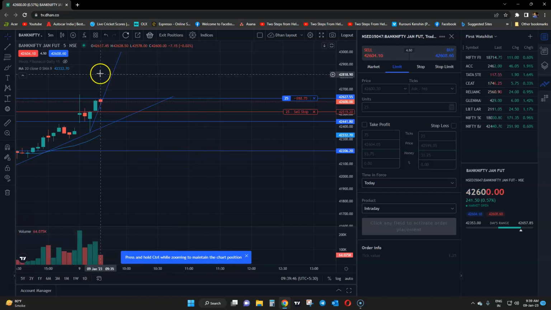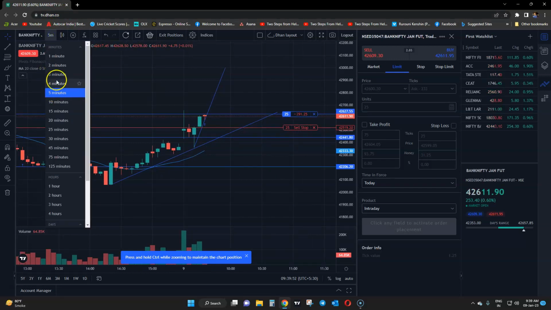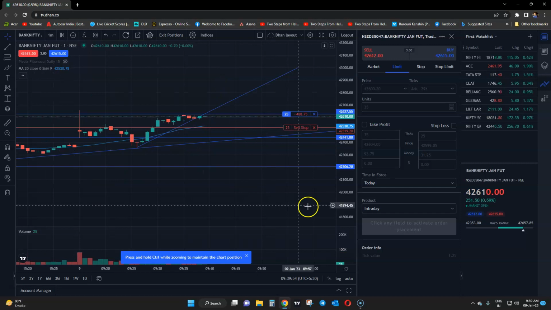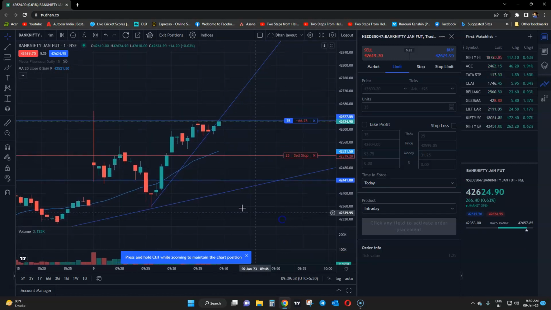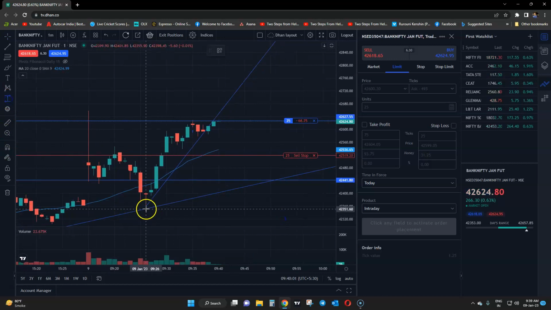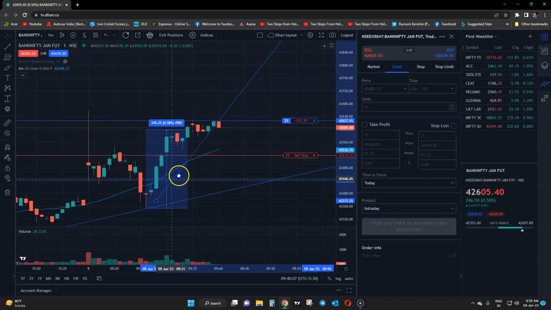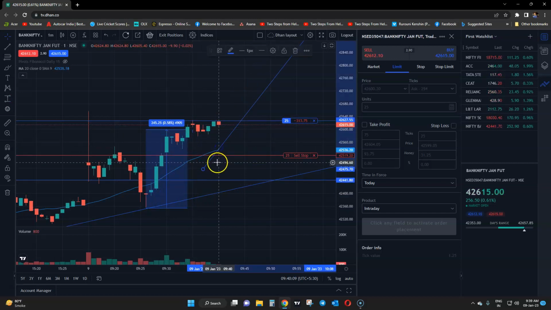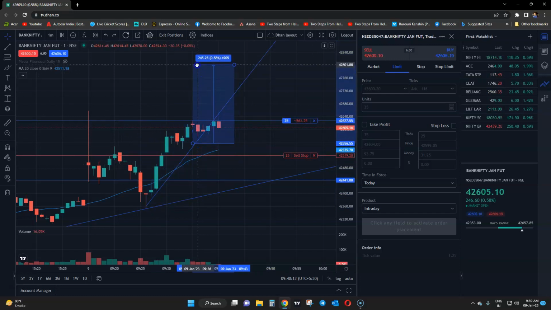If you want to calculate the risk reward, so let's see. This is an approximate. This is an approximate measured move up.